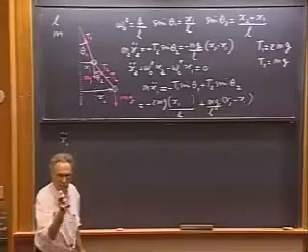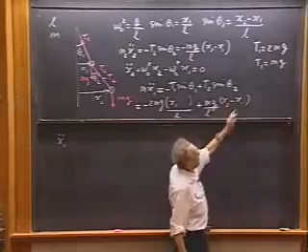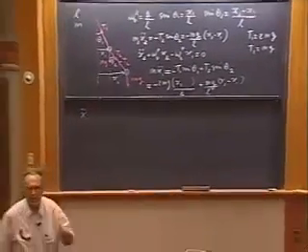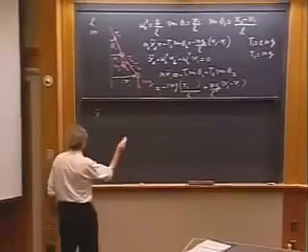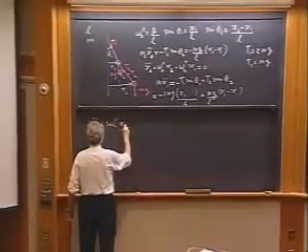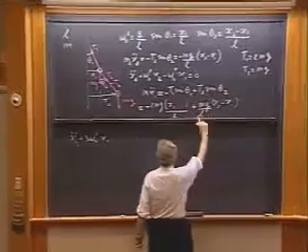But now look closely. There is here a 2 times x1, and here there is a 1 times x1. And both have a minus sign. So when they come out, I get 3 omega 0 squared. So I get plus 3 omega 0 squared times x1. And then I have to bring x2 out.